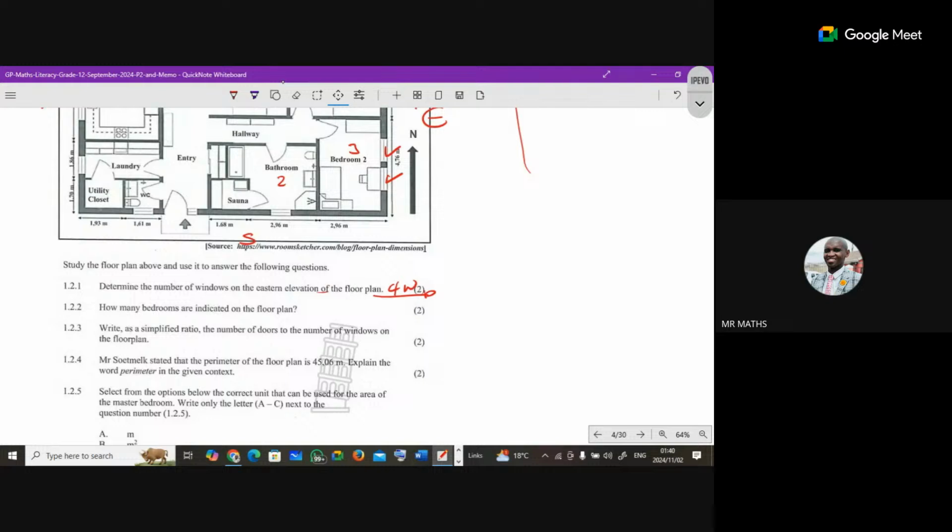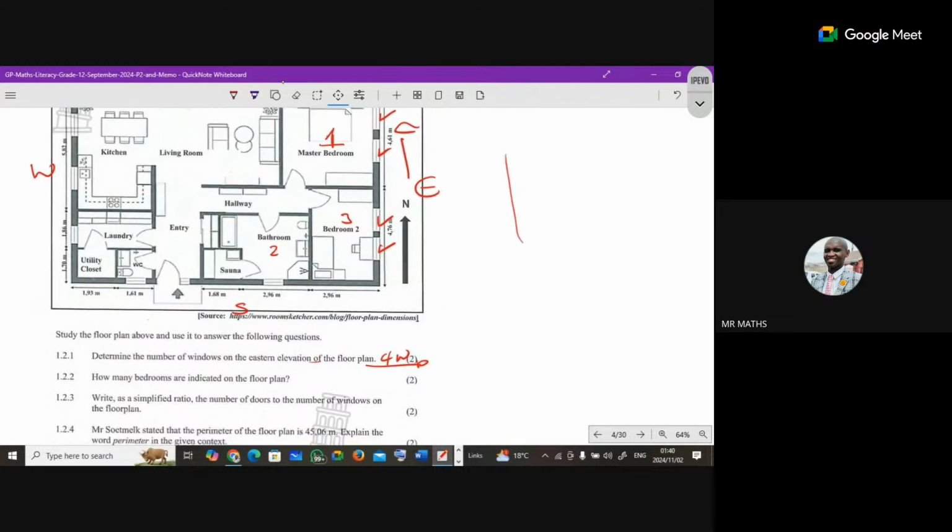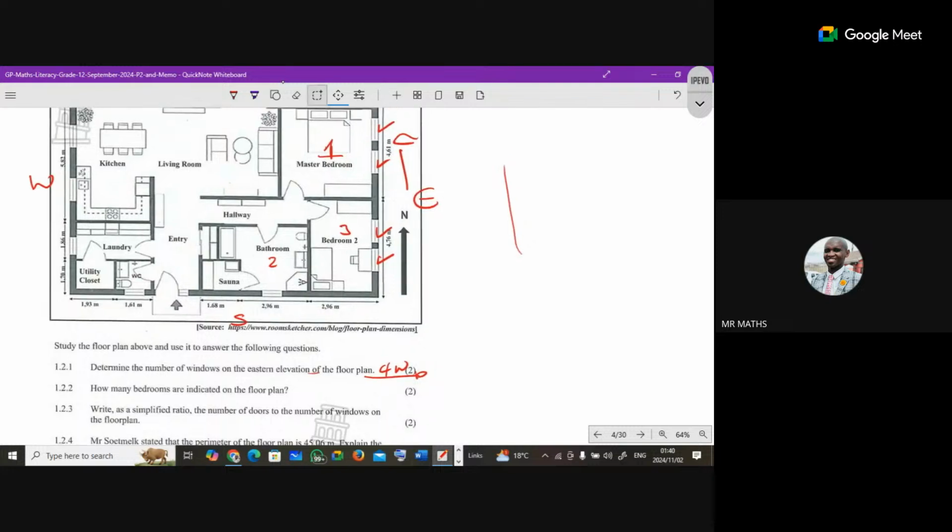Bedroom number 1, master bedroom. Okay, no. Let's say the master bedroom, we won't call it a bedroom because it's different from an ordinary bedroom. So how many bedrooms do we have? We are going to say there are 2 bedrooms. So this is bedroom number 1 and this is bedroom number 2.